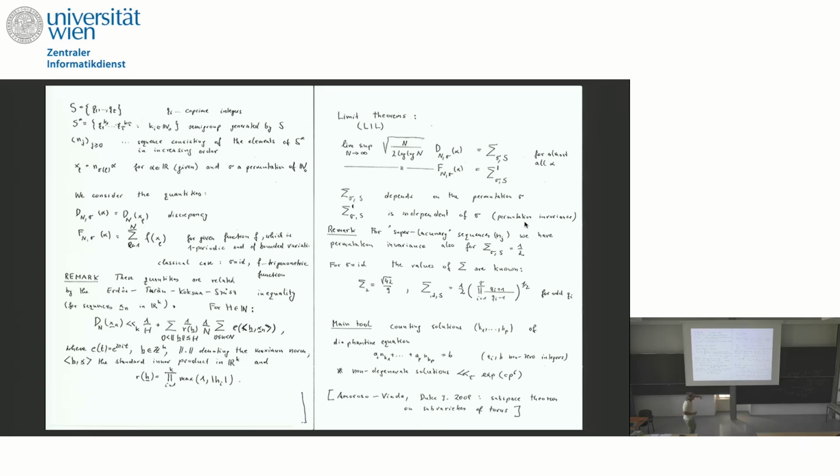It's also possible to show that the constant is 1/2 if this sequence nj, you remember we considered sequences alpha times nj, is more than exponentially growing, so superlacunary, meaning that the quotients tend to infinity.